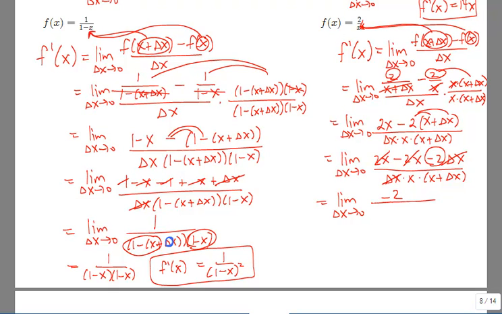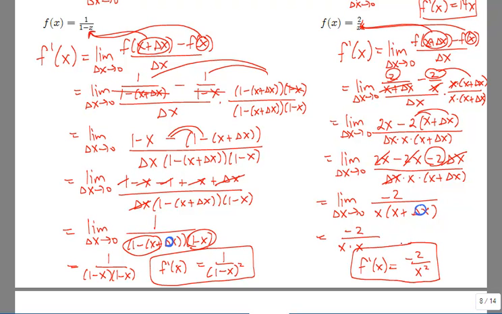So that negative 2 is still left, and we have our x and our parentheses x plus delta x left over. We've done our canceling, so we're ready to plug in 0 for this delta x, which means what we're left with is negative 2 over x times x, or negative 2 over x squared. And that's our derivative function. That's the slope of the tangent line at any value of x.